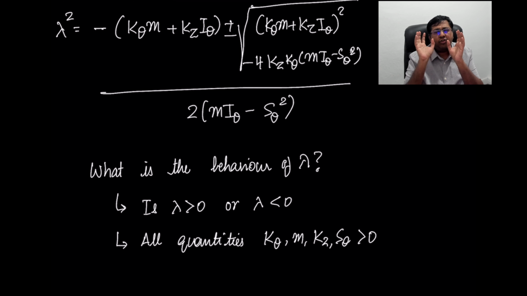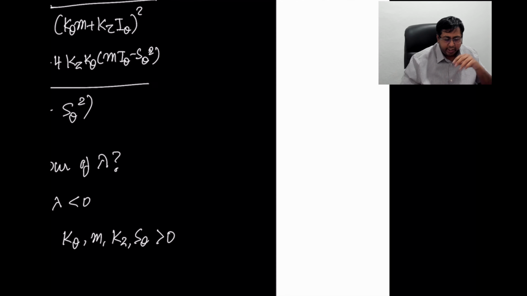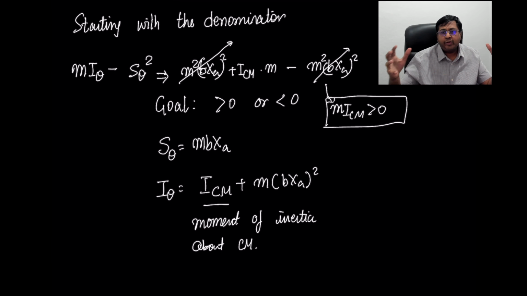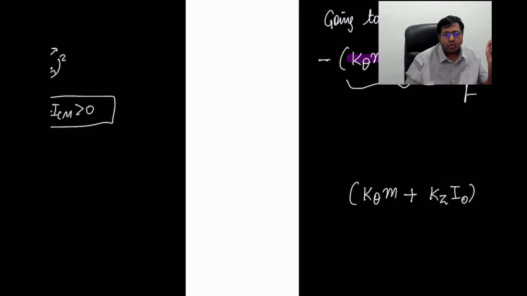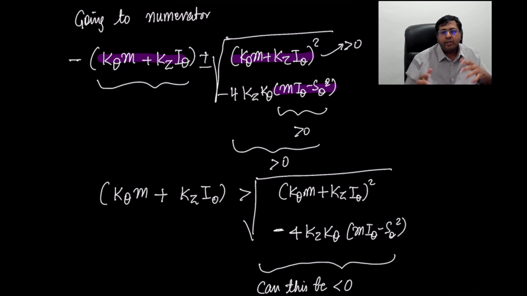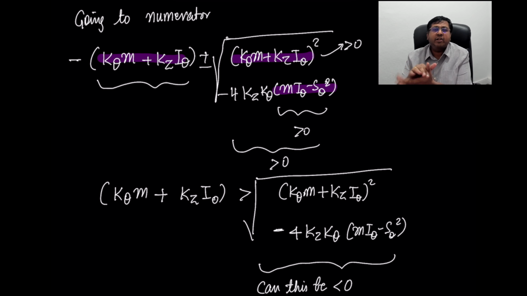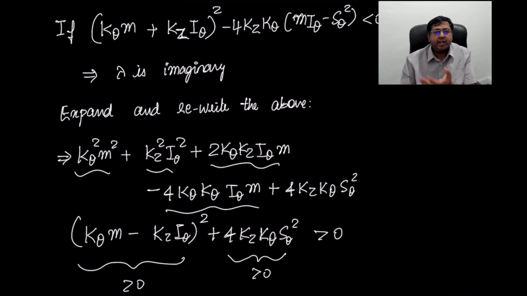So we tried to separate the terms in the numerator and the denominator, and saw that the denominator is always greater than 0. Then we looked at the terms in the numerator to find out whether the term inside the square root can be less than 0. If it was, then it would be imaginary. We found that it is not the case, it's always greater than 0.